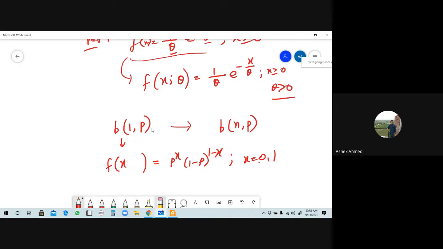But for finding maximum likelihood estimation, you have to define the function f of x semicolon the parameter. Here the parameter is p. But here you have to define that the values of p lie between 0 and 1. The probability stays within what range? 0 to 1, doesn't it? So that will be 0 to 1 here.